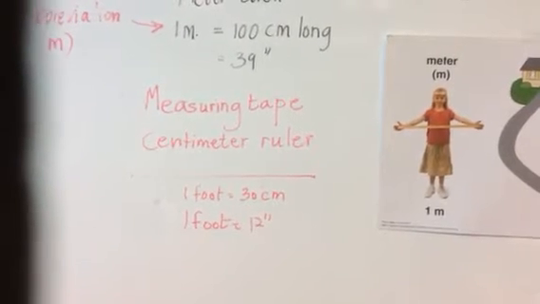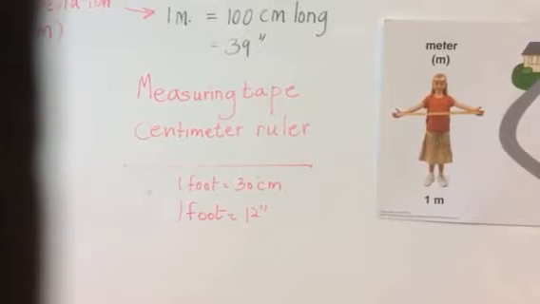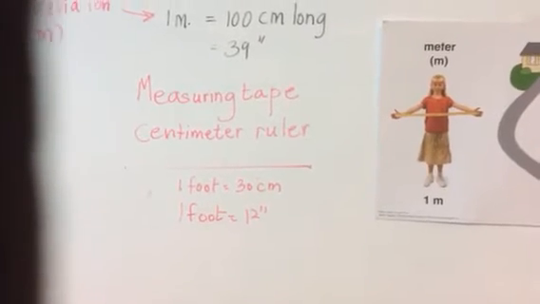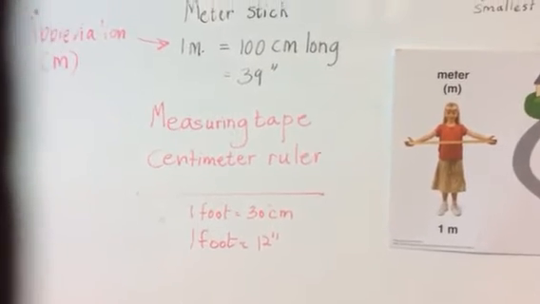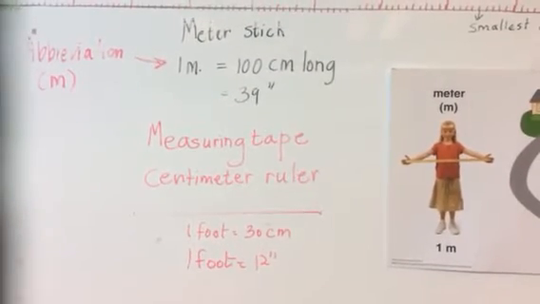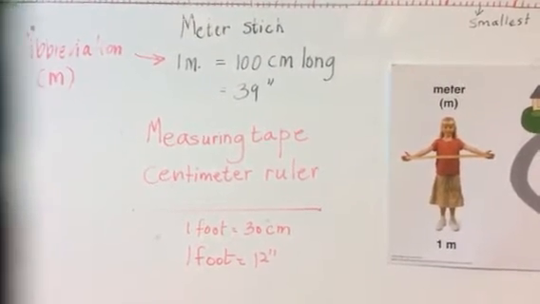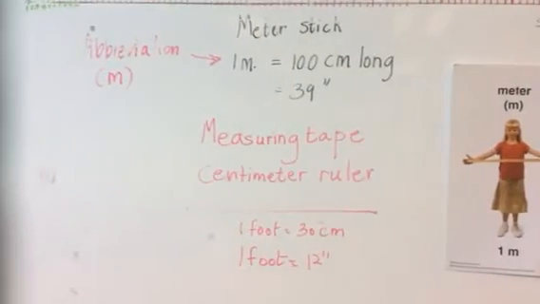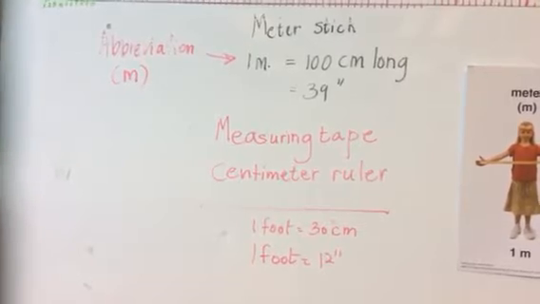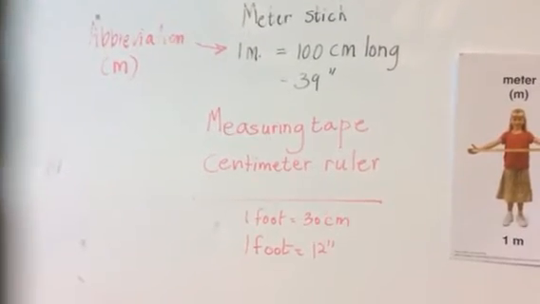So 1 foot is equal to 30 centimeters. 1 foot in our US system is 12 inches. Same thing, 1 meter stick is 100 centimeters long, but in the US system is 39 inches. The abbreviation for meter is M.